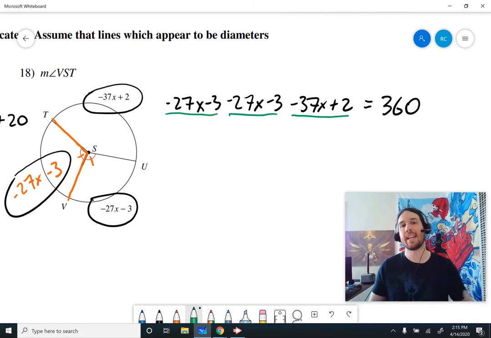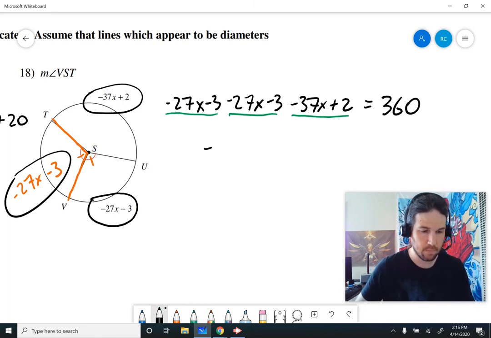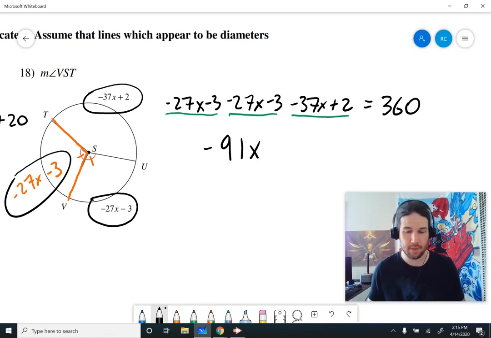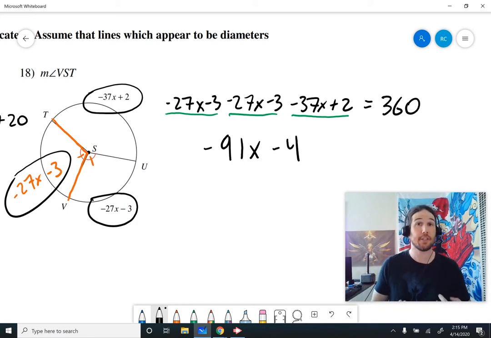I'm technically adding them all together, but it looks like subtraction because they're negative, right? Okay. Hey Google, what is 27 plus 27 plus 37? The answer is 91. So we have negative 91x, don't forget that negative. Negative 3 minus 3 is negative 6, plus 2 is negative 4. Just collecting like terms.